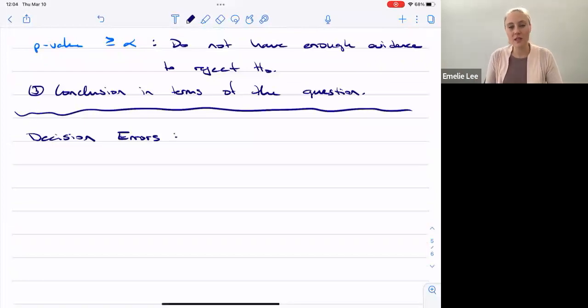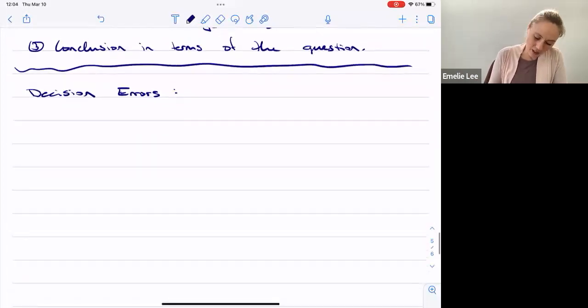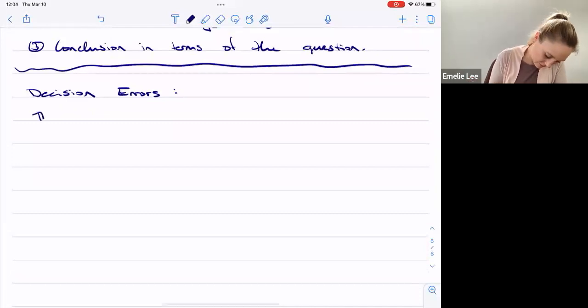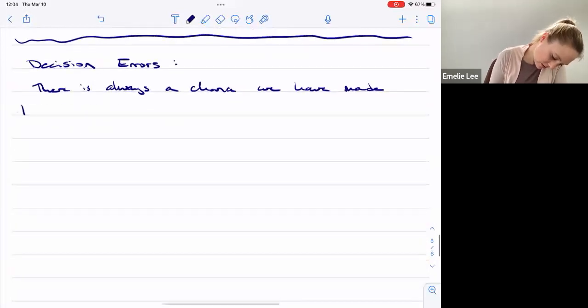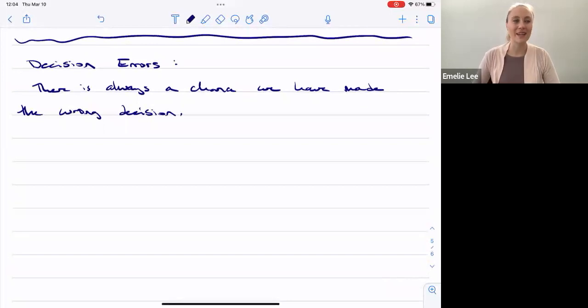Decision errors: when we either reject H naught or not, there's always a chance that we have made the wrong decision. Those are what we call decision errors.